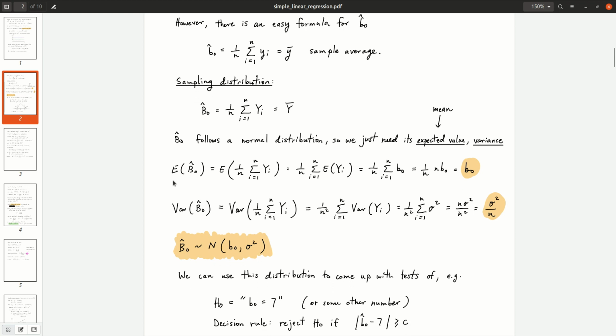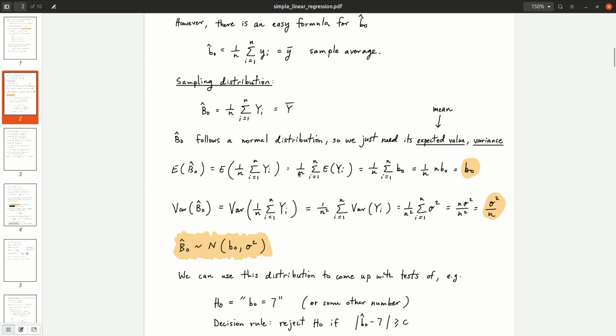Okay, so let's compute the expected value of this estimator. So the expected value of capital B0 hat is the expected value of this thing. So I'm just plugging in our formula for B0 hat. Expected value is something called a linear operator. What that means is if you have a constant times a random variable, so the sum of these yi's is a random variable, you can pull the constant out.